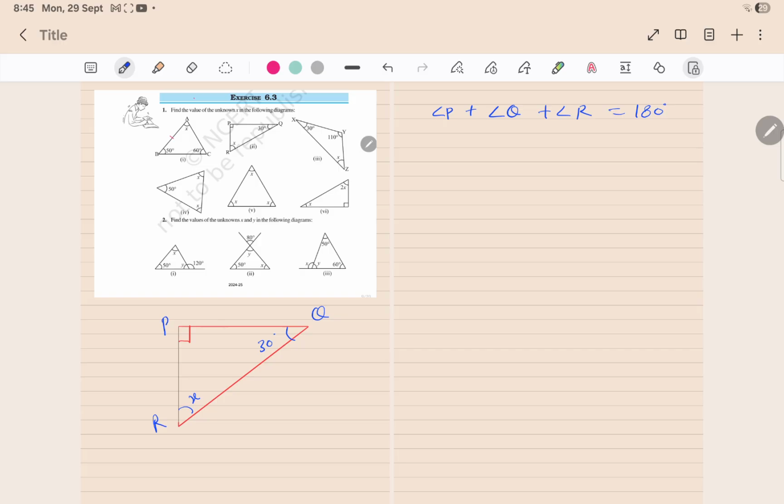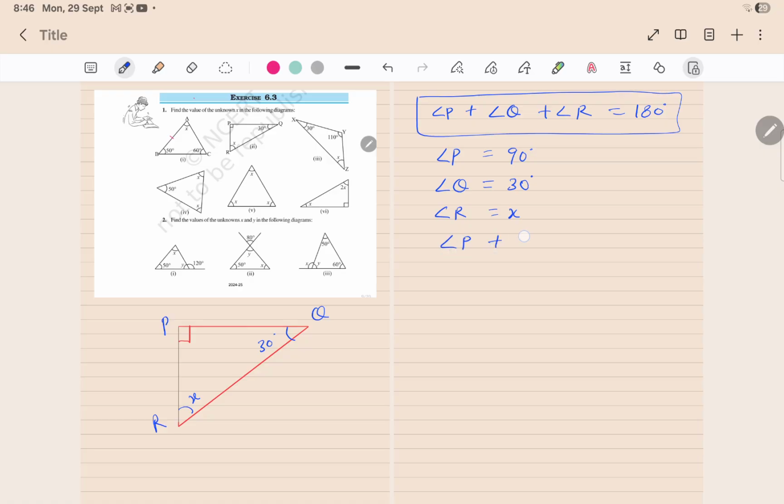This is a basic property of a triangle. Angle P equals 90 degrees, angle Q equals 30 degrees, and angle R equals x.